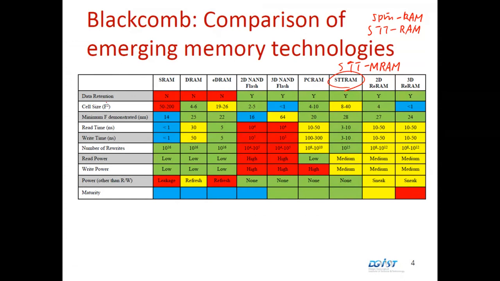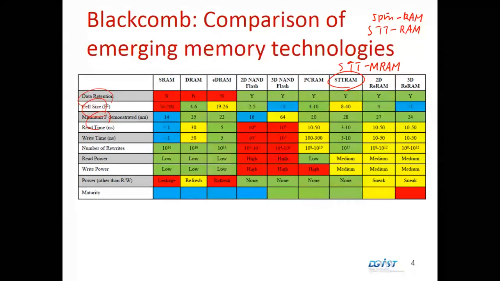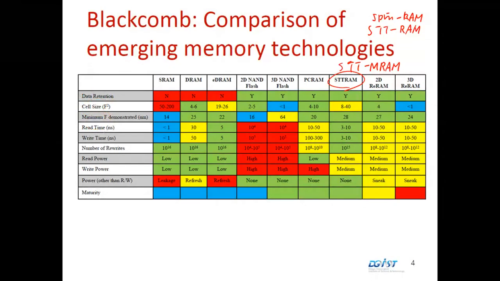In this table, there are requirements of good memories. The green color implies it's good for this performance, and the red one is bad. So for example, DRAM looks quite good, but it requires refresh and is volatile memory, so data cannot be retained.